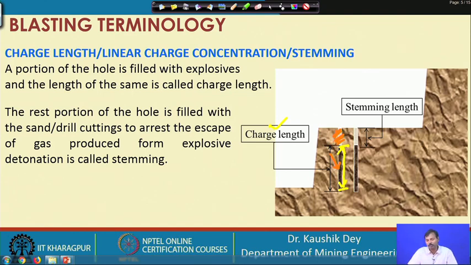That is why the gas pressure can be utilized for throwing the fragmented rock. For this purpose we insert explosive up to a certain length, which is called charge length. The rest of the drilled hole is filled with some inert, non-reactive material to close the mouth of the hole, and that is called stemming length.